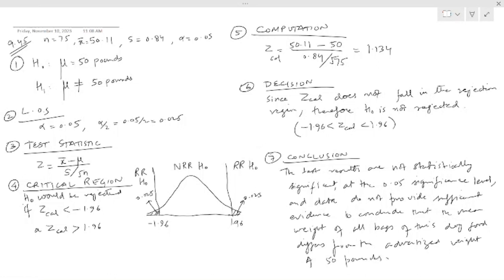So this is how we state our argument in the conclusion.